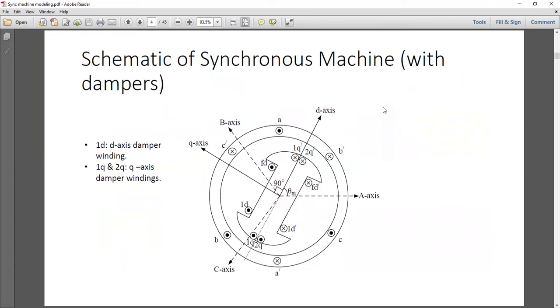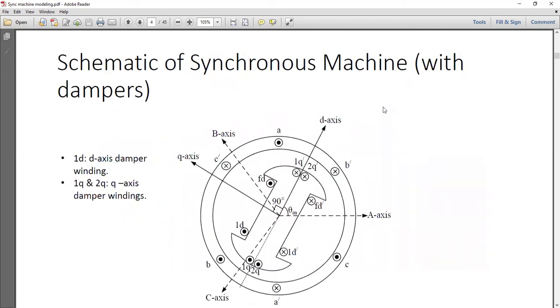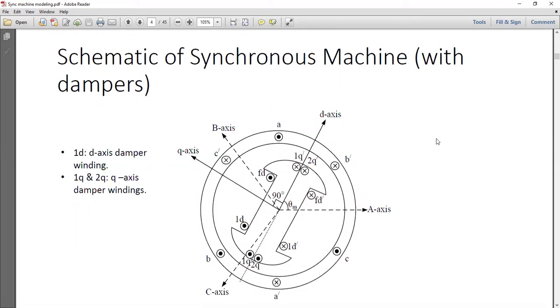Now come to your question, why is it not possible? There are actually two ways to explain the presence of the damper coils in the synchronous machine. I only discussed one of the ways. I said that, in general, there are damper windings or amortiguer windings, the damper coils placed at these locations in the pole faces.